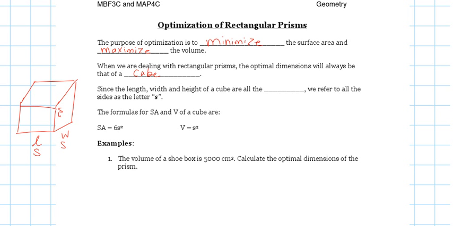Six equal faces. So you have 1, 2, 3, 4, 5, 6. What's the area of this one? The same as the other. Side times side is side squared, because for length times width, in this case it's side times side. So I have 6 times the side squared. I have 6 equal sides, so my surface area is 6x squared.